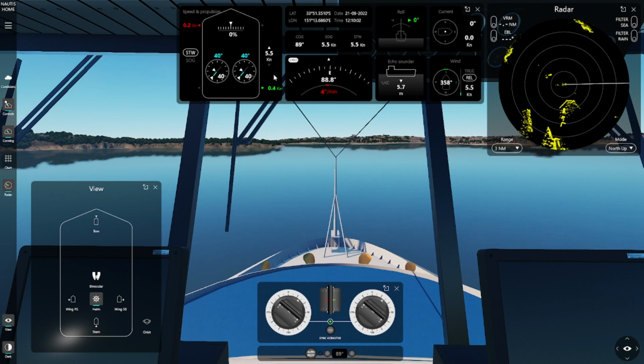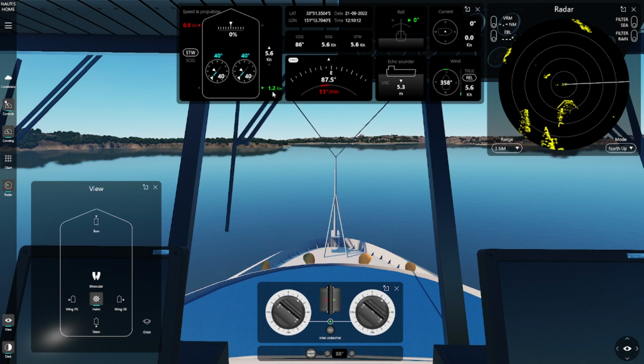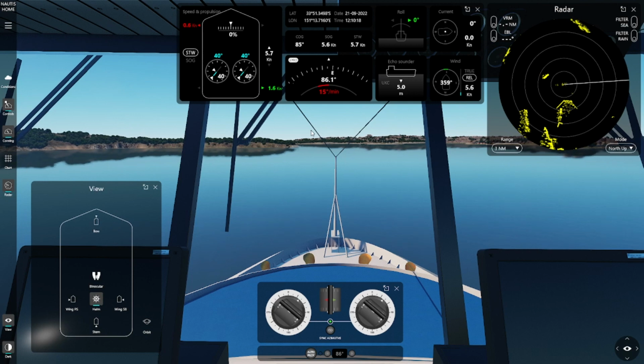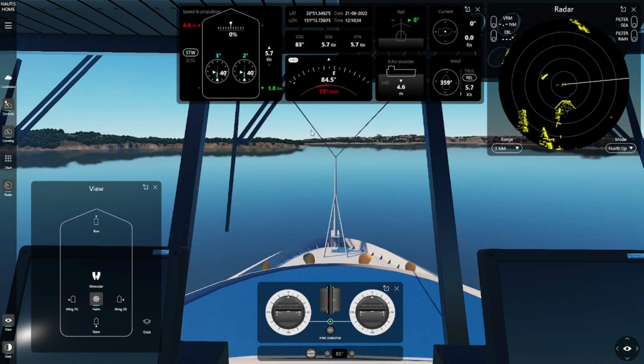So as we've already discussed, we're moving ahead, so the pivot point will be quite far forward. And we can already see the stern is moving 1.3 knots to starboard, and the bow is only moving half a knot to port. So again, by vectoring those two numbers in our head, we can already imagine that the pivot point is quite far forward.